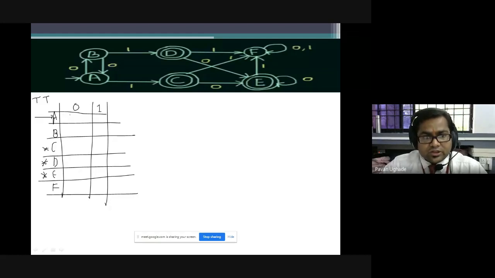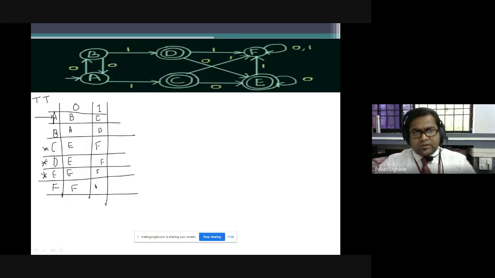A over 0 goes to B. A over 1 goes to C. B over 0 goes to A. B over 1 goes to D. C over 0 goes to E. C over 1 goes to F. D over 0 goes to E, and D over 1 goes to F. E over 0 goes to E, and E over 1 goes to F. F over 0 goes to F, and F over 1 goes to F. Am I right?